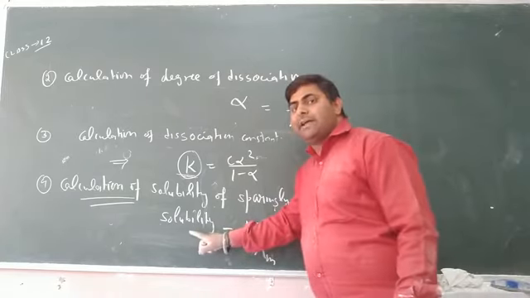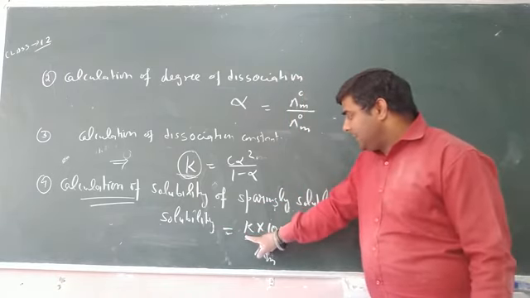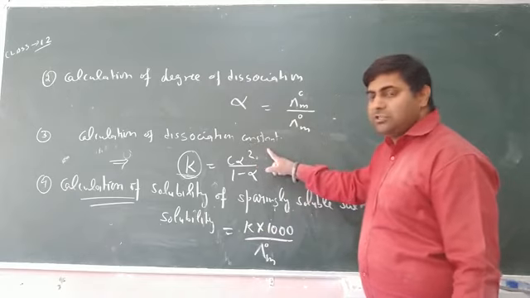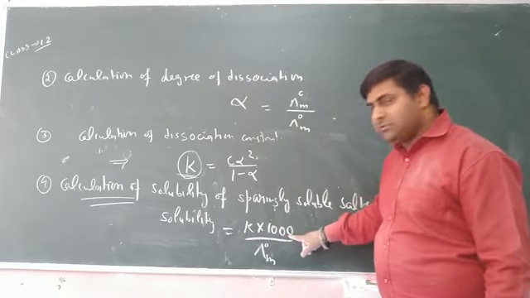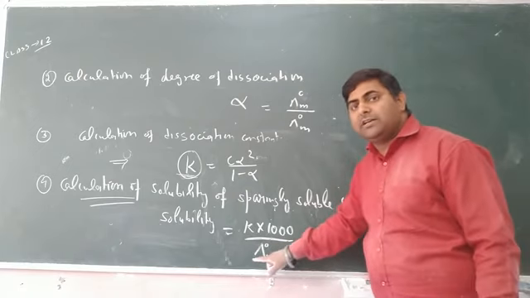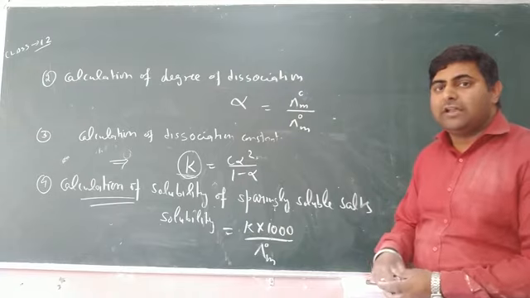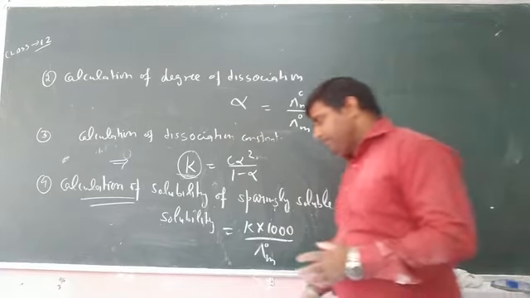Solubility of sparingly soluble salts is equal to K, the dissociation constant, into 1000 upon lambda m0, that is, the molar conductivity at zero concentration or infinite dilution.